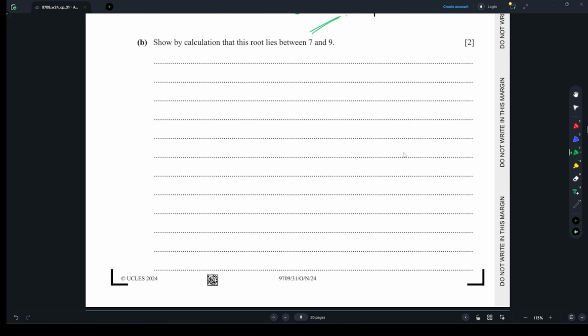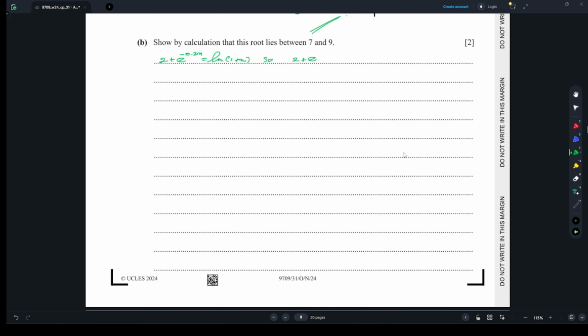Okay, then part B. By showing calculation that this root lies between 7 and 9, it's really easy. So what you have to do is, we had the equation 2 plus e to the power minus 0.2x equals ln 1 plus x. So we will bring everything to one side.